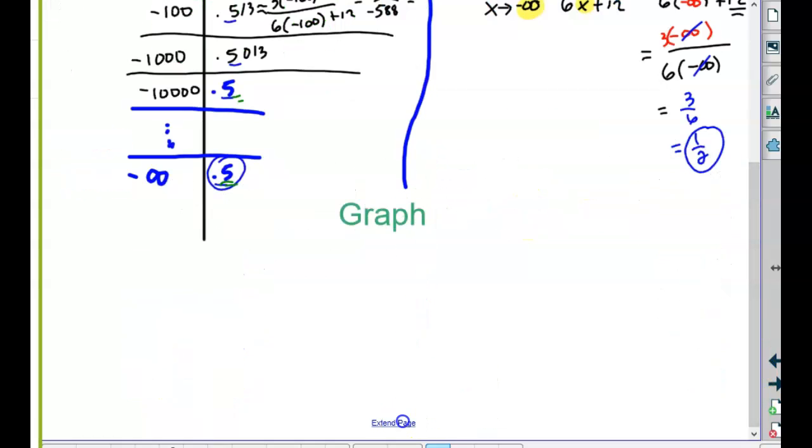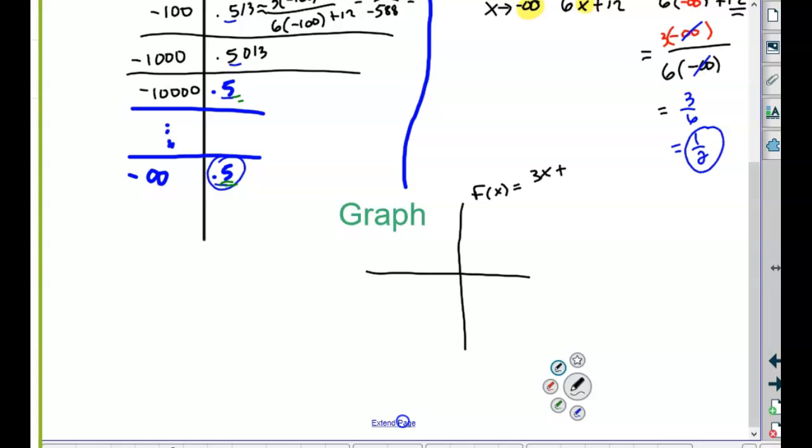So, quick little sketch of our graph. We're not going to do this with great detail, but I'd like you to draw this in. If I told you to create that graph, you know that it's going to look like that.